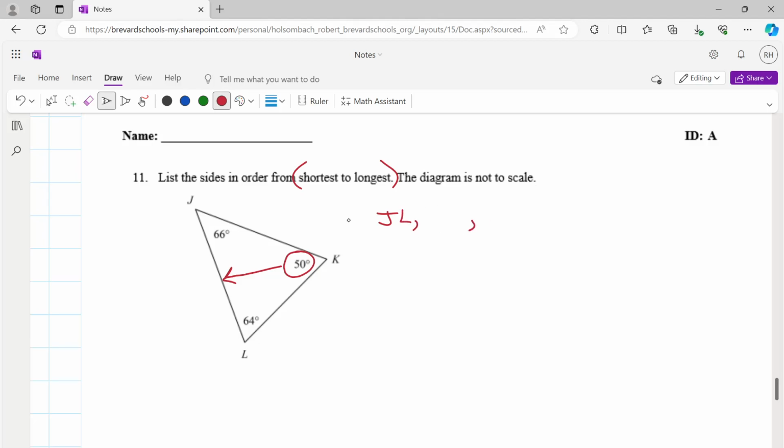Our longest side is opposite our largest angle. So our longest side is KL. And what's left? The side opposite the middle angle measure would be JK.